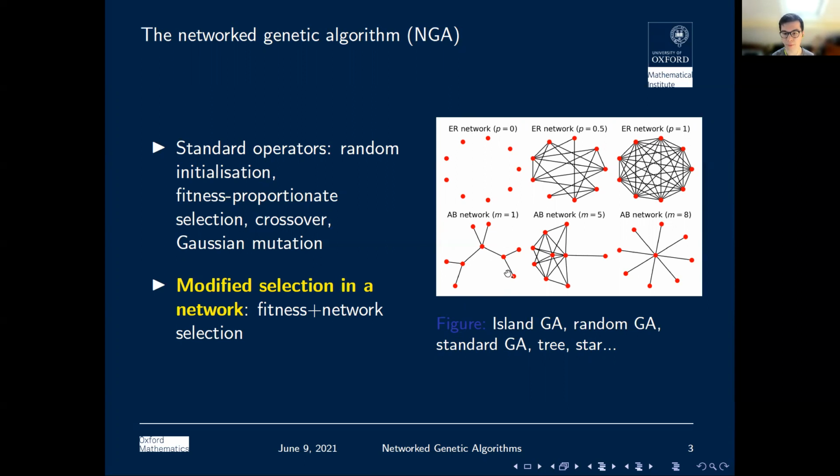There is no real hub that is forming. When it's intermediate, you start having some hubs that appear. For instance, this one and this one are fairly central already in the network. And when M is increased up to almost the population size here, 10 minus 2, this is the maximal value it can take, we have a star network in which a central hub is essentially connected to everything else.